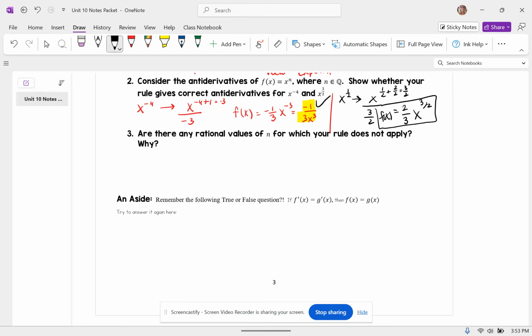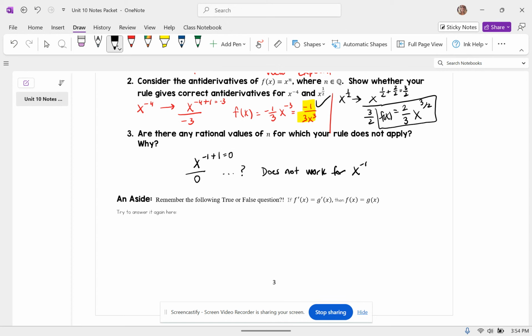Let's see. Well, if I have x to the negative first, right? I'm trying to work backwards from there. I would add 1 to the exponent, and that would give me a 0. And then I would divide by 0. You can't do that. So I would say that it does not work for x to the negative first.